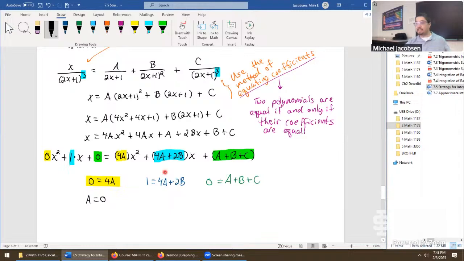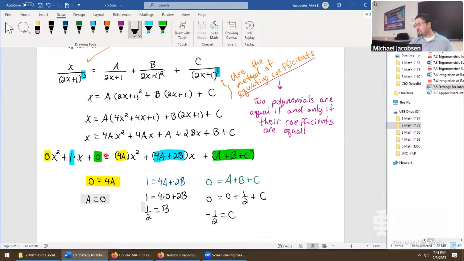We can substitute that here. 1 equals 4 times 0 plus 2b. That means 1/2 equals b. That's our second coefficient. Over here, we have 2 values now. 0 equals 0 for a plus 1/2 for b plus c. This implies -1/2 equals c.